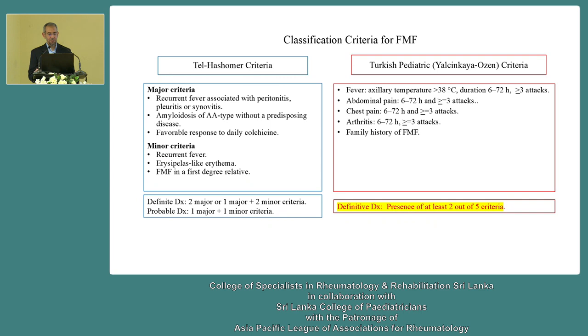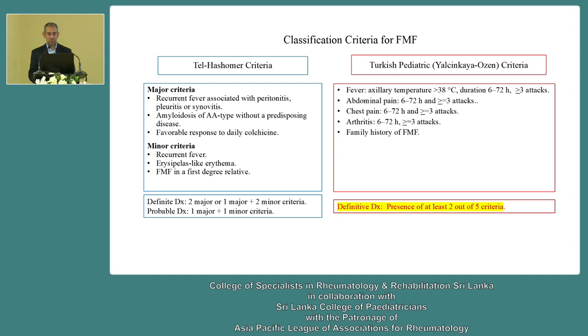So let me just brief you about FMF. There are different classification criteria. The Tel-Hashomer criteria were established for adult patients. However, they have been validated for pediatrics. And we also have pediatric criteria, because FMF is prevalent in Turkey.